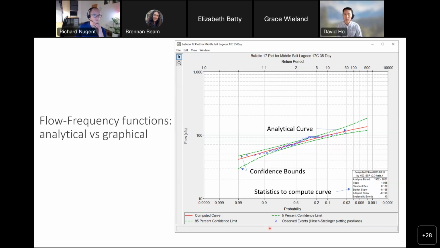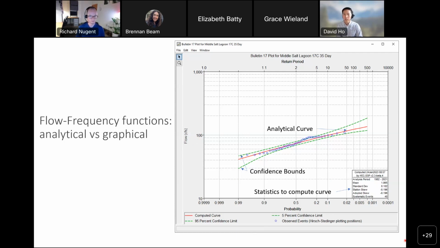We look for that 0.1, which is 10 over 100, giving us 10%. We move straight up from the 0.1, then go over to the left, and we see that this curve shows it's about 100 CFS. So the 0.1 annual exceedance probability is 100 CFS.